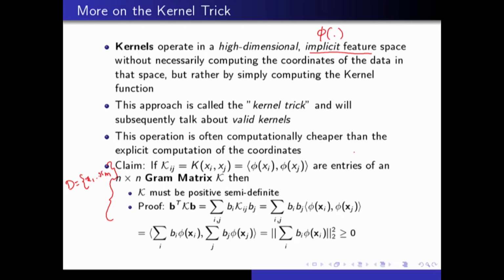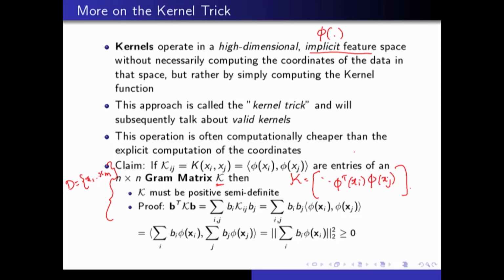The gram matrix is the matrix of computations of kernel. So this K has an ijth entry, the dot product of phi for xi and xj. We will build some intuition for what is a valid kernel by making some observations on this matrix.